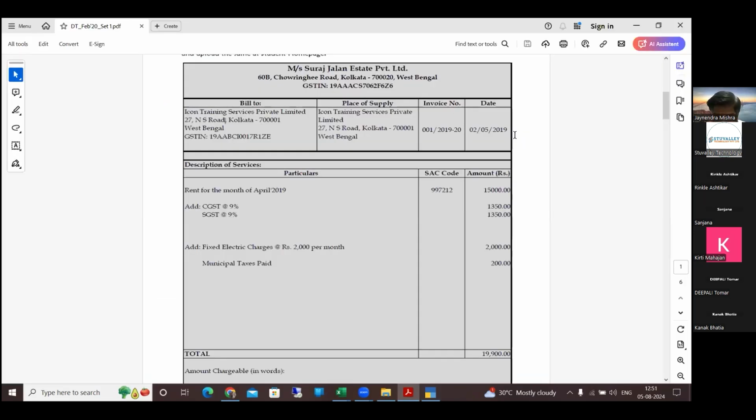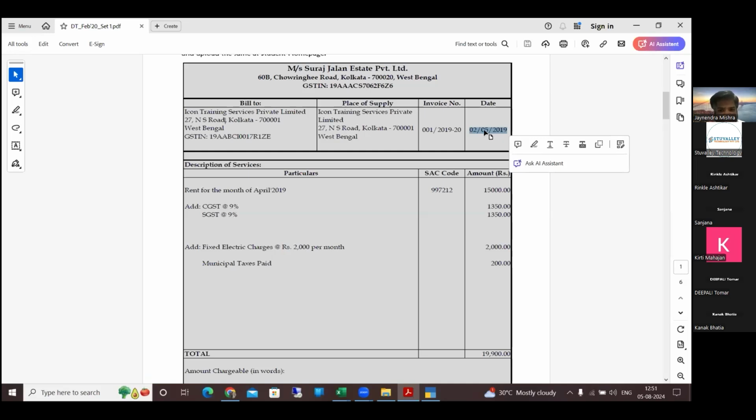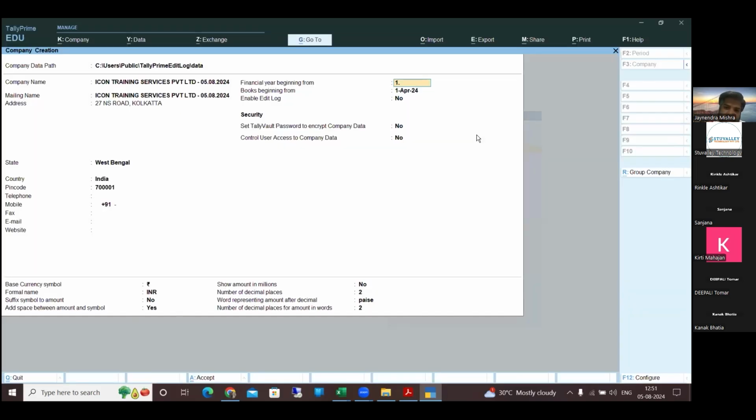Financial year. 2nd May 19 means the financial year will start from 1st April 19. Friends, our financial year starts from 1st April 19.